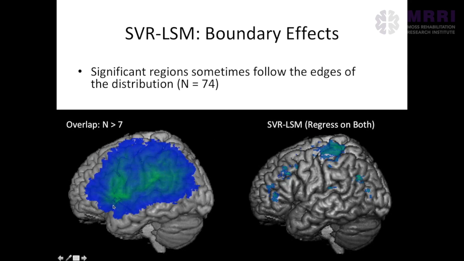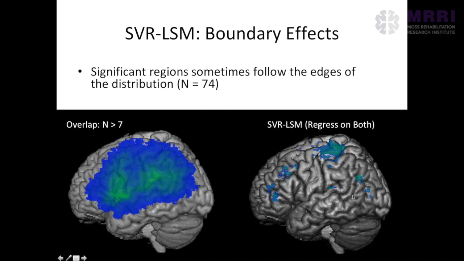You would think, oh, we have lots of subjects here, so we should be able to pick up any interesting effects in these regions where there's more going on. But it turns out that just wiped out all of those areas, and the only things we can see are areas on the edges here.